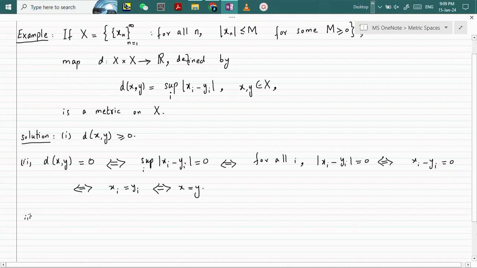Next, d of (x, y) is equal to the supremum over i of mod of xi minus yi, that's equal to the supremum of mod of yi minus xi.